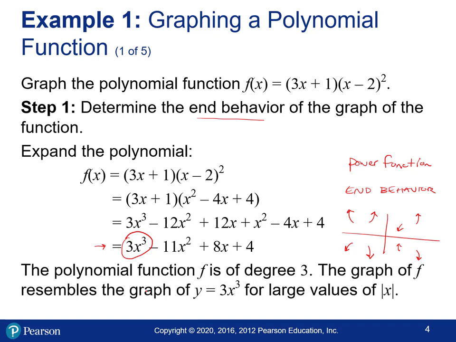And then these 4 options were based on this leading term, and so these 2 on the left were if the degree of your polynomial was even. These 2 on the right are if it's an odd degree. And then the difference is whether or not the leading coefficient is positive or negative.